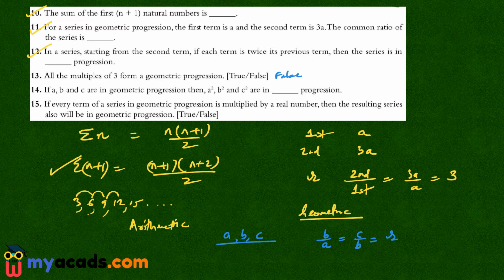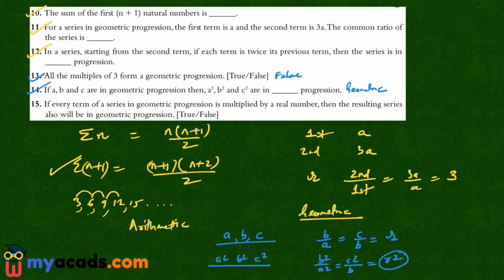That is the common ratio. Now it is saying a square, b square and c square. This is in which progression? So I know b square upon a square and c square upon b square equals r square, which is the common ratio for this series. So this is a geometric progression. So my answer is geometric progression.